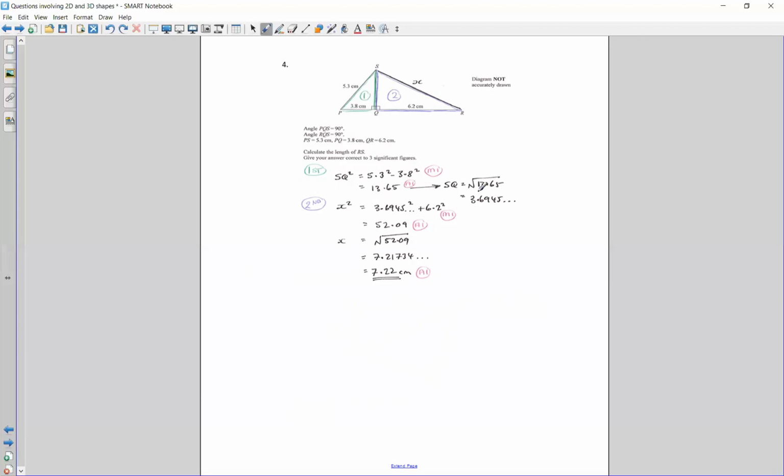The answer will be this. And to work out x, once you know this side, which is 3.69, I can use this side and this side to work out this side. But remember, do not round off too quickly, because otherwise you will get an error in your answer. So try to use this big figure. You're using a calculator, so it won't really matter.